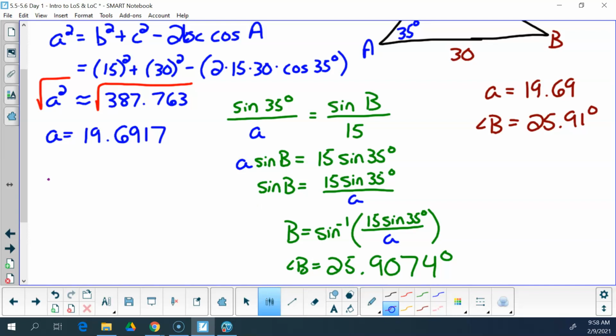Angle C is going to be angle A, which was 35 degrees. Oops, excuse me. I'll put it in a different way because there's 180 degrees in the triangle. So it's 180 degrees minus 35 degrees minus that.